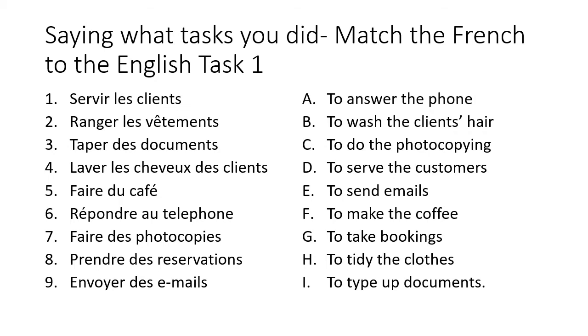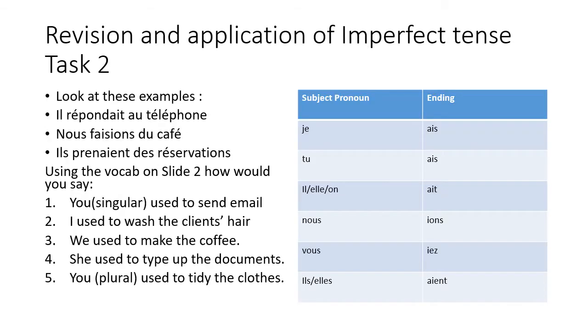Okay, so last lesson we looked at how you form the imperfect tense and I showed you the endings that are there in the blue box. I told you that you needed to take the nous form of the present tense of the verb that you wanted to use and then take the ONS away from that and instead add on the endings for the different people that you're talking about as listed here.